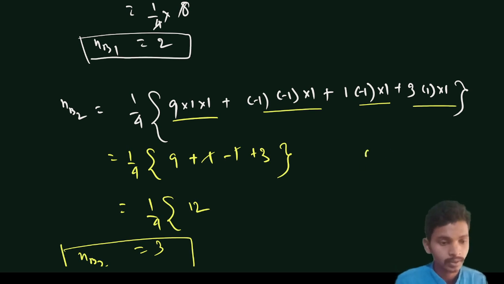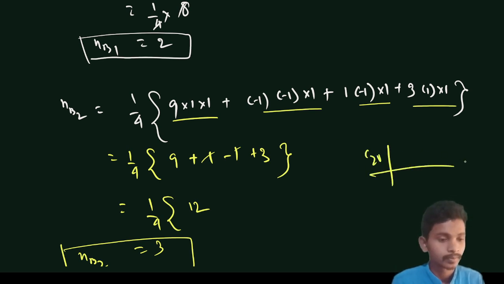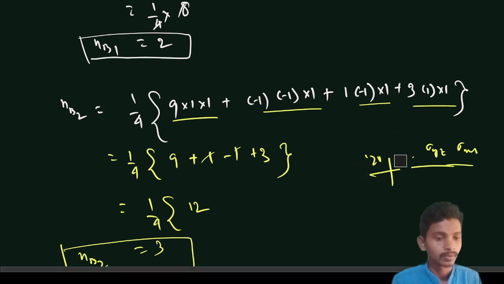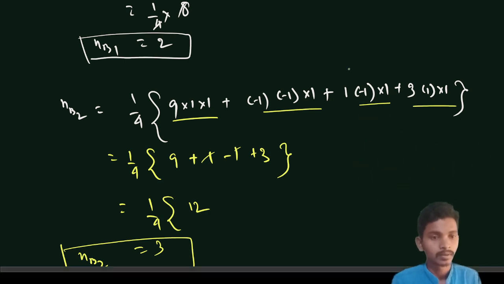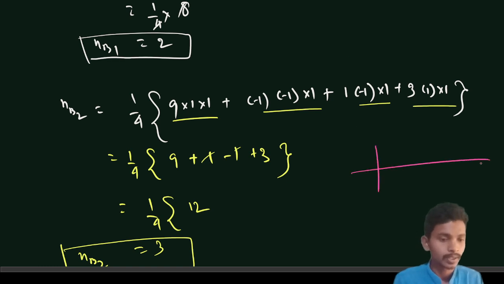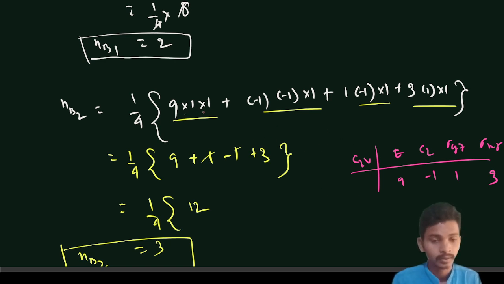So C2v is, let's say, C2, sigma yz, sigma xy. So likewise you can check if any multiplication goes wrong. So this value is 9, this is -1, 1, and this is 3. So here 9, 1 and -1.